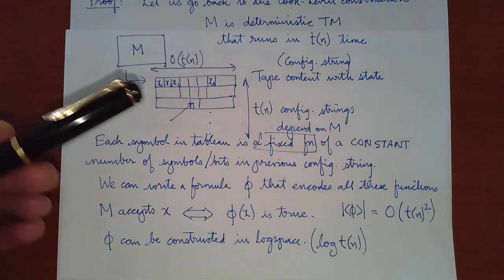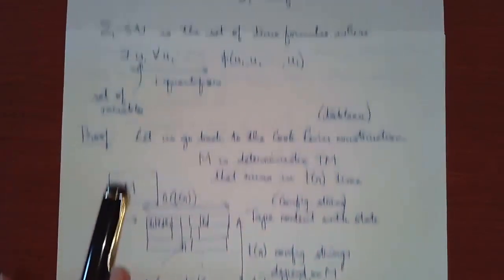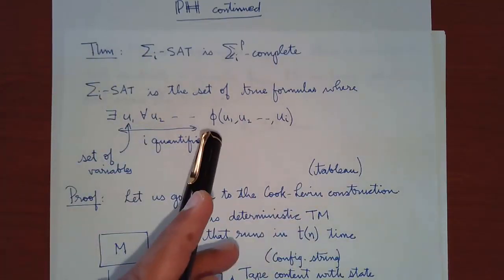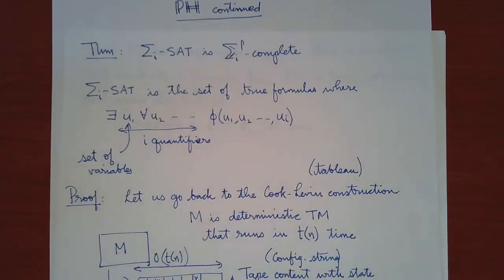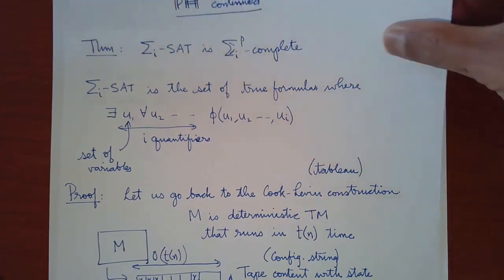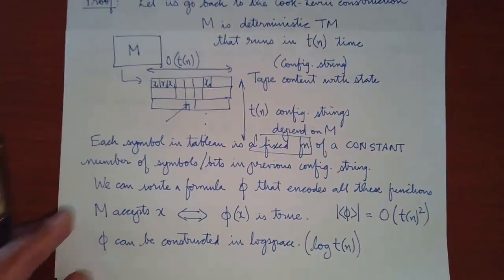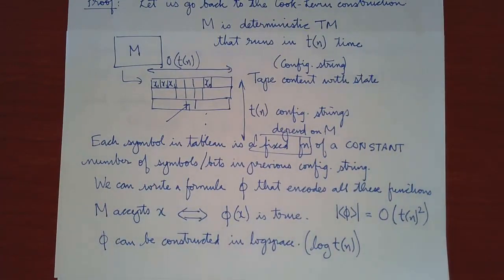Okay, let me show you a slightly weaker problem. So right now, we said that SAT is the set of formulas of this kind. But okay, let me think about this for just a second.